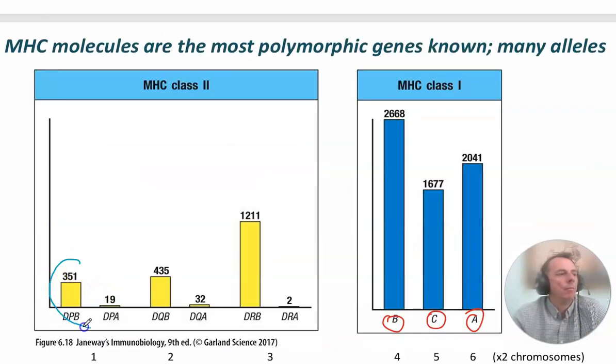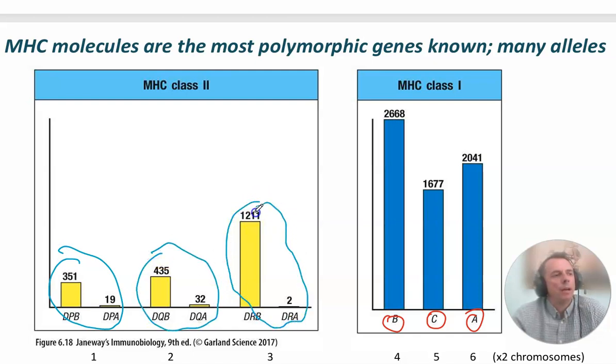In this bar chart, you can see the number of different alleles, at least up to 2017, of the 3 genes that code for either the alpha chain or the beta chain of the MHC class 2 molecule.